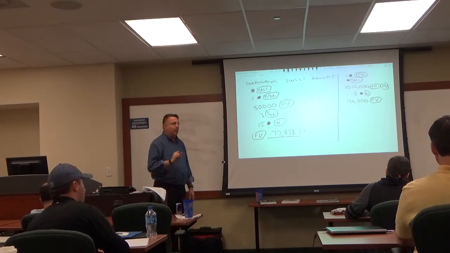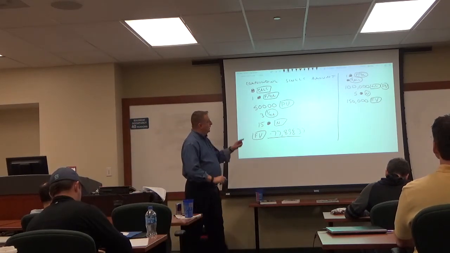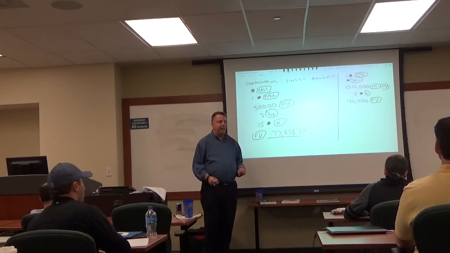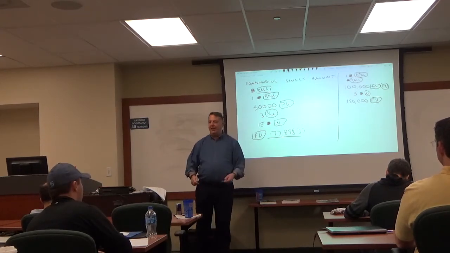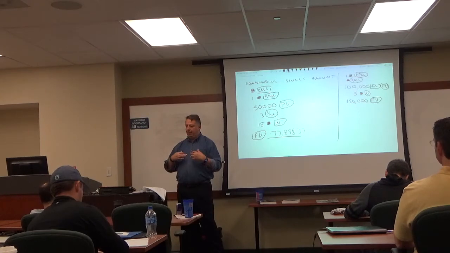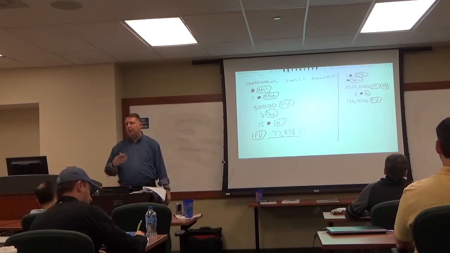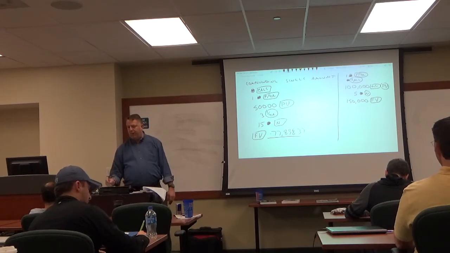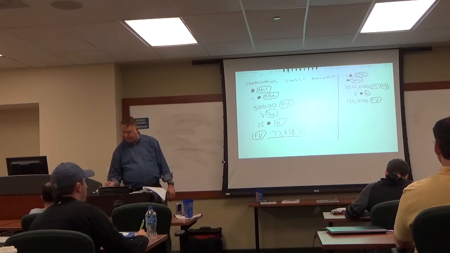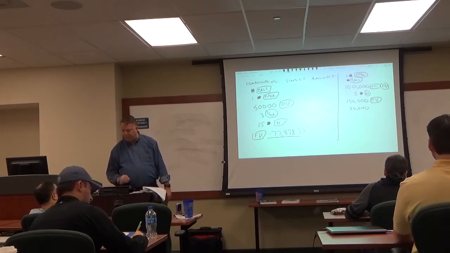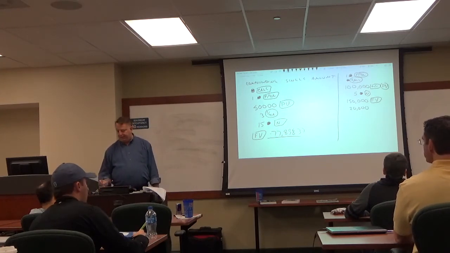But during that 5-year period, I receive rental income from a tenant, and that rental income per year is maybe $20,000. Now the question is, is that going to be a positive or a negative payment?